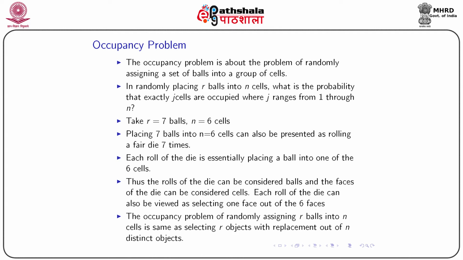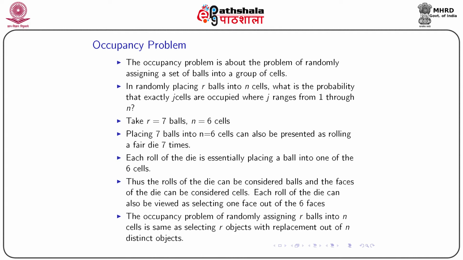The cells are assumed to be the face values of a die. Each roll of the die is essentially placing a ball into one of these 6 cells. Thus the rolls of the die can be considered balls and the faces of the die can be considered cells.